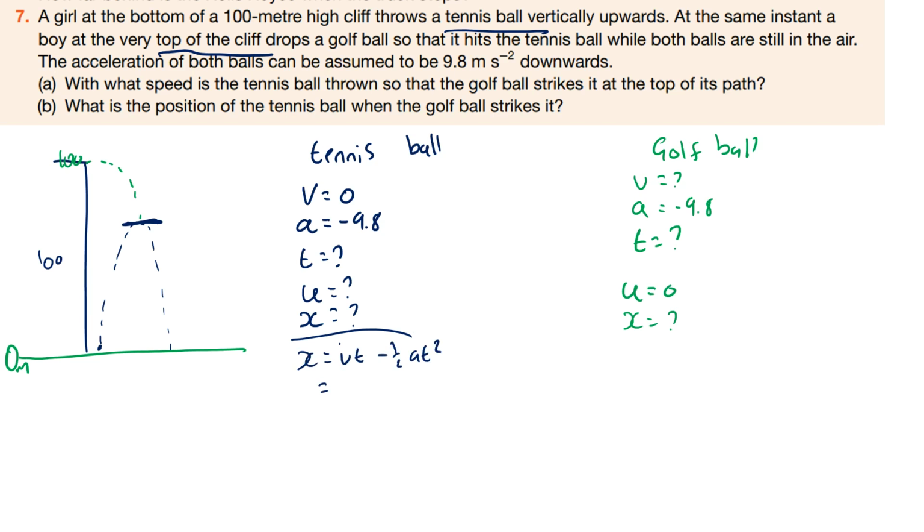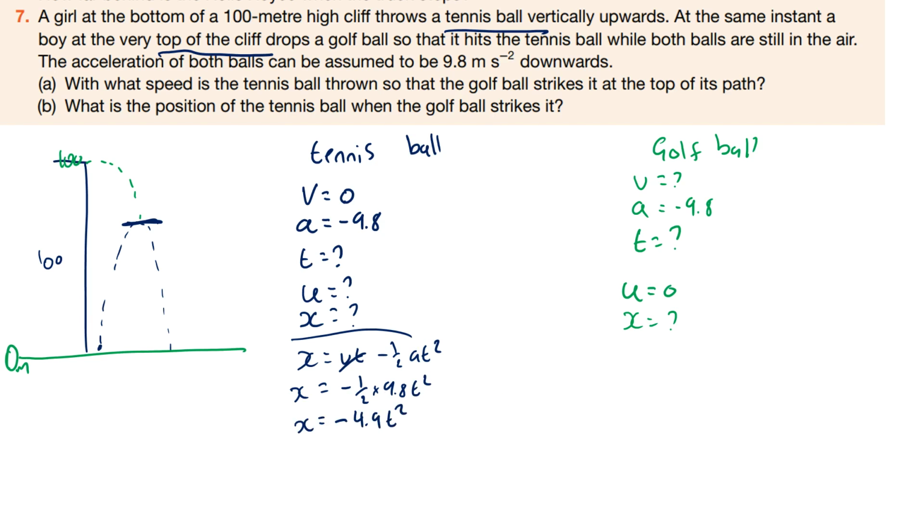Here v is the final velocity, which is 0, so that cancels, which gives us x equals negative half times 9.8 t squared, which is just negative 4.9 t squared.